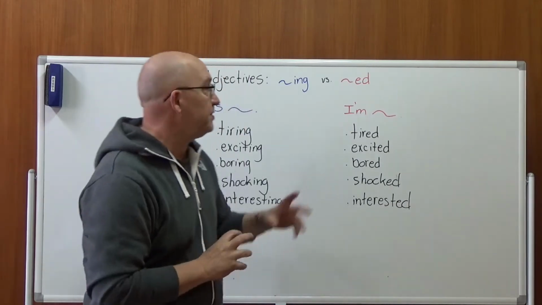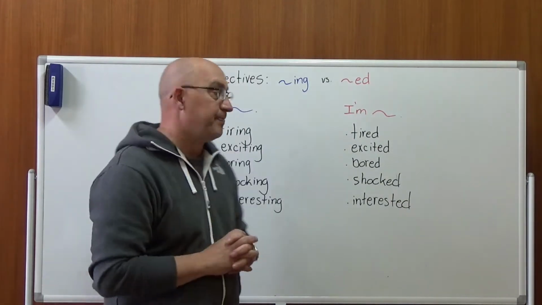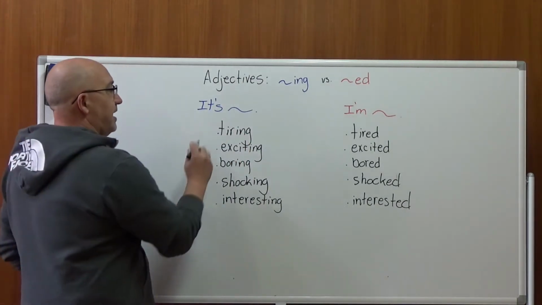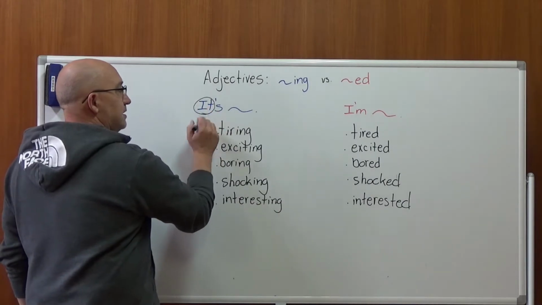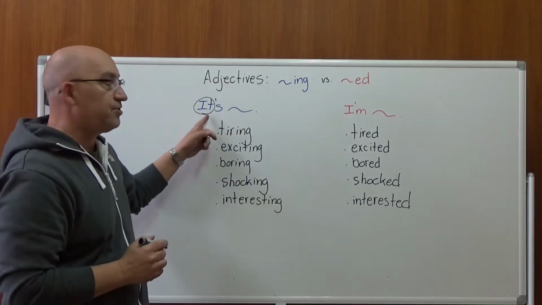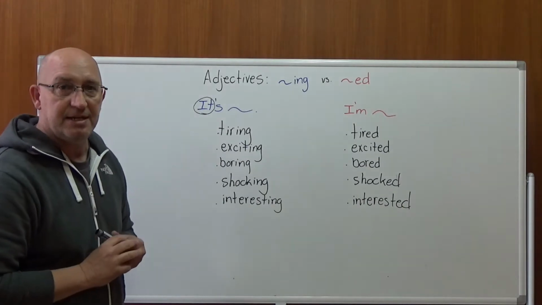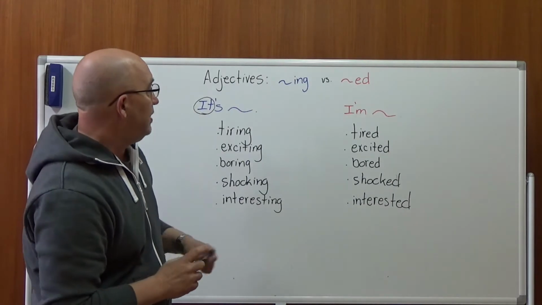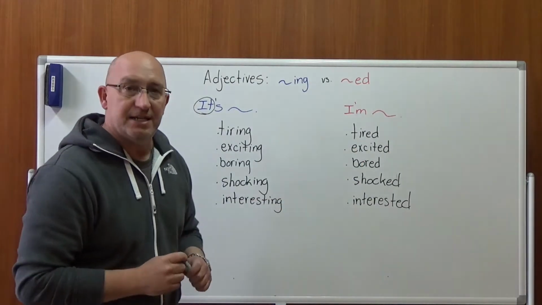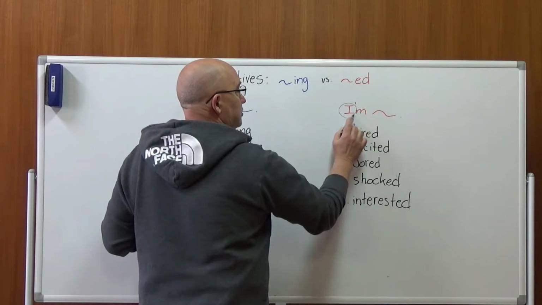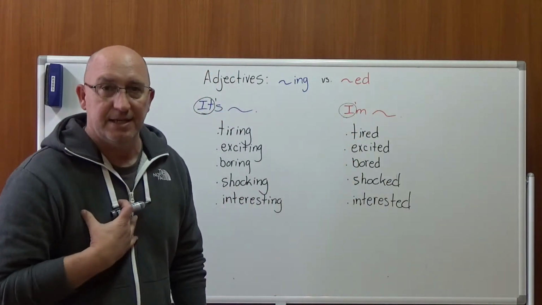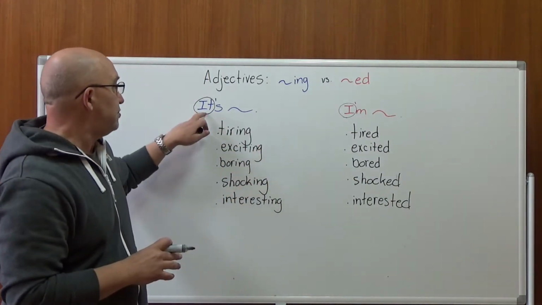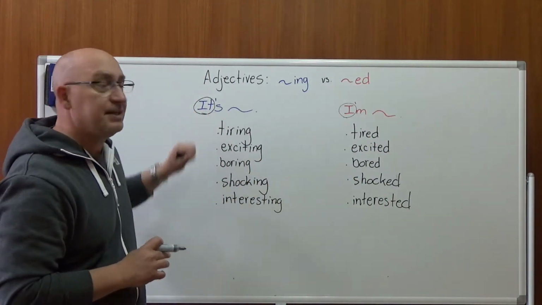Now, the main difference between these two patterns is that the ing ending is going to describe this thing. What kind of thing is this? However, the ed ending will of course describe your feeling. So these are used to express your feeling. These are used to explain this.